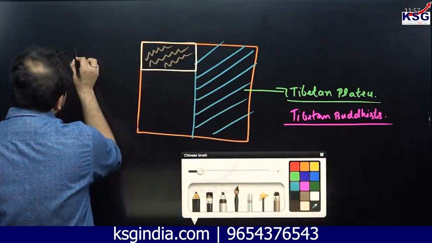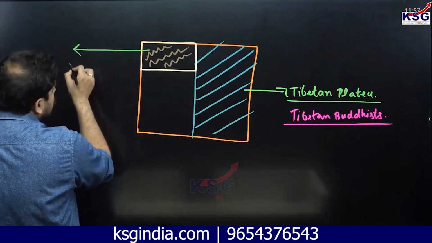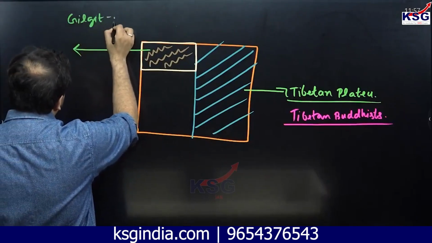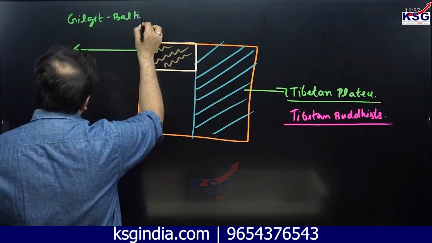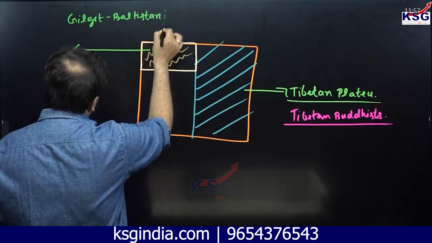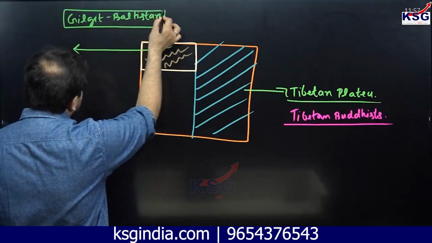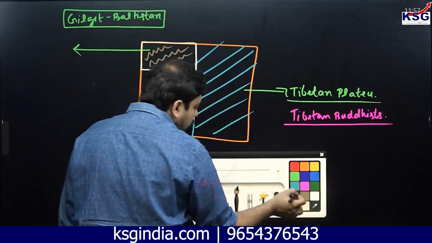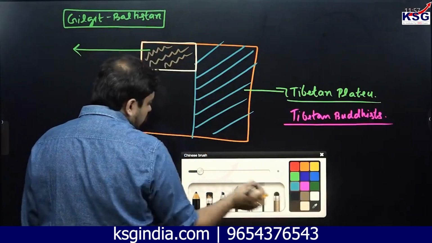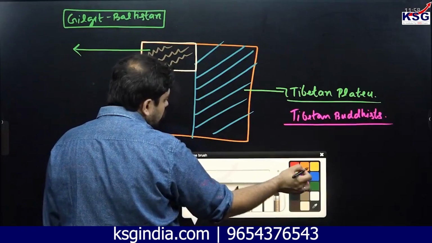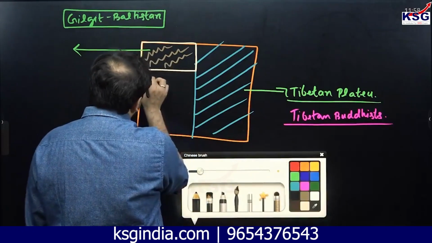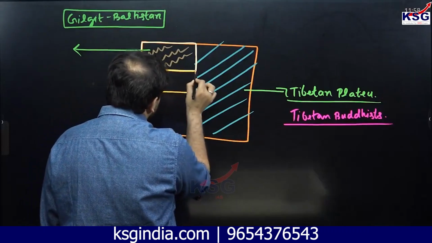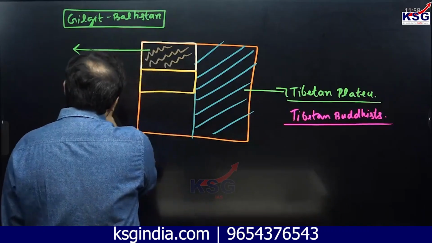Then this part of Kashmir, which lies over here under Gilgit Baltistan, is what is known as the Kashmir Valley.